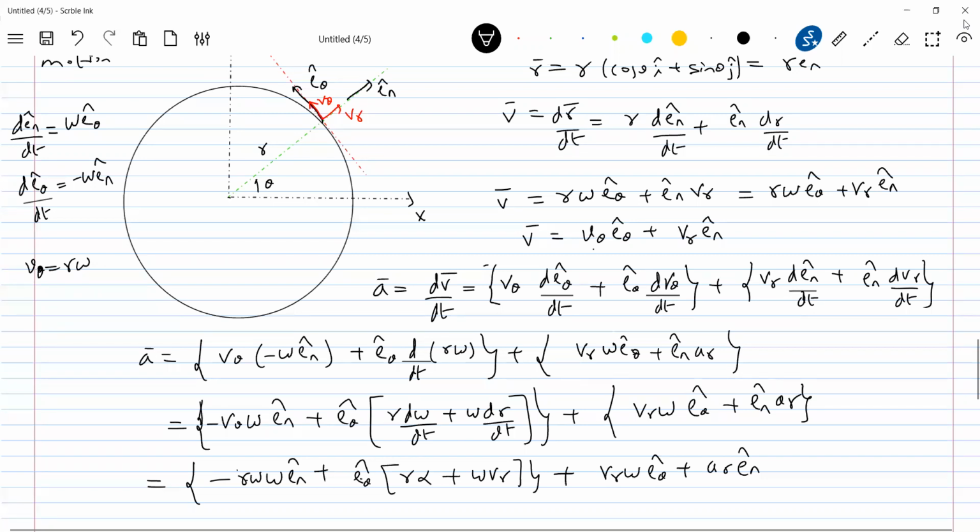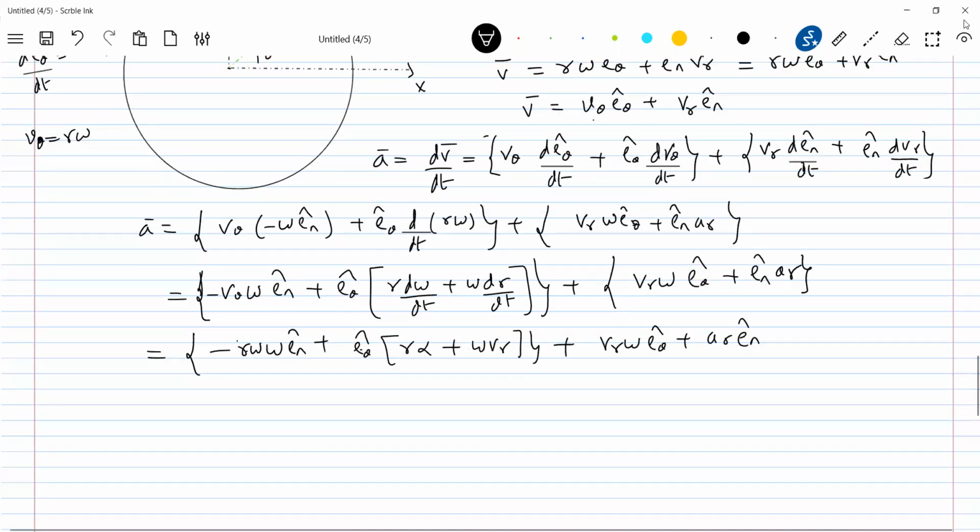Shall I scroll down? This part, this is another bracket, no? So this will be minus R omega square En cap, R alpha E theta cap.